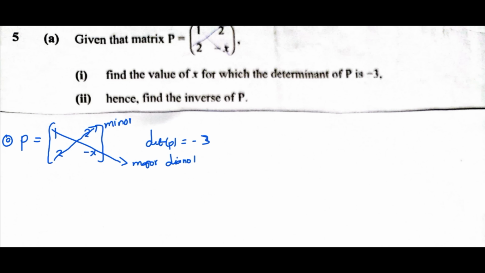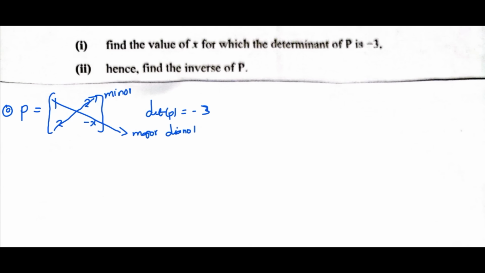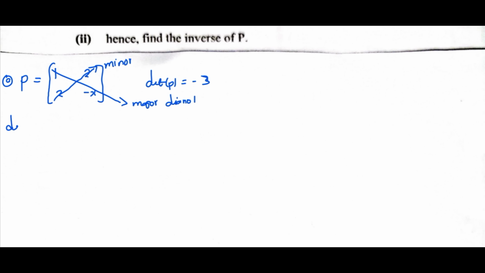So what are we supposed to do? We multiply the elements of the major diagonal, which is 1 times negative x. Then we subtract the product of the minor diagonal. The determinant given is negative 3. 1 times negative x is negative x, minus 2 times 2 will give us 4.